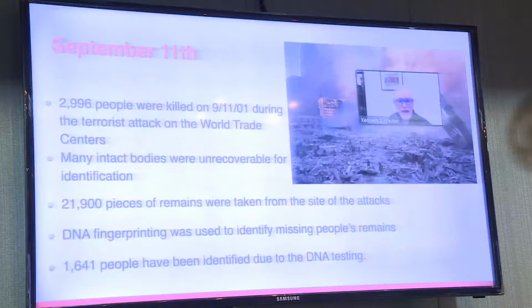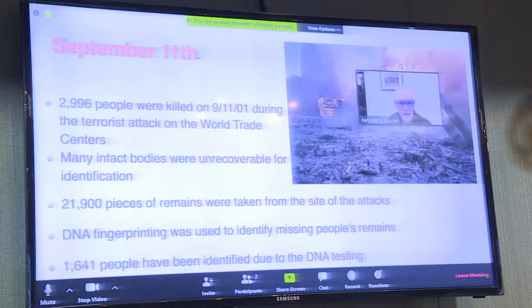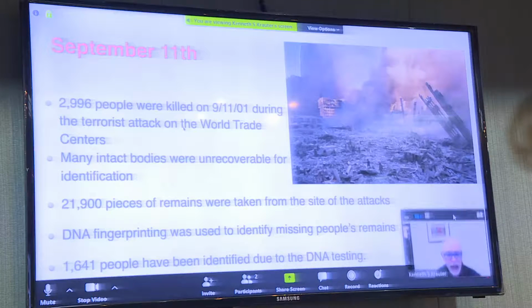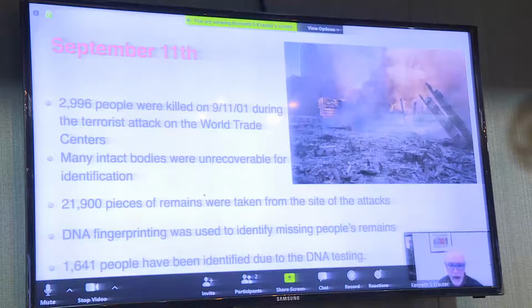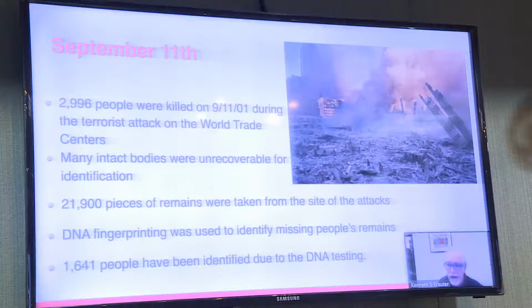Another recent use of DNA evidence was that you're probably all aware, on September 11th in the U.S., the World Trade Center in New York was destroyed, and thousands of people were killed. You can see in the rubble here, there were many bodies that were buried in this rubble that were completely shredded. Just small fragments of the people remain.